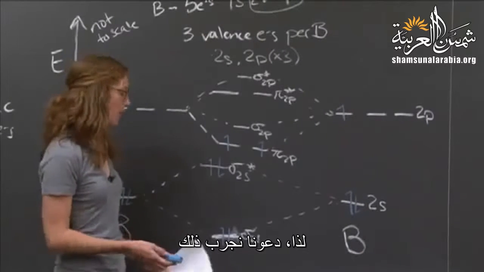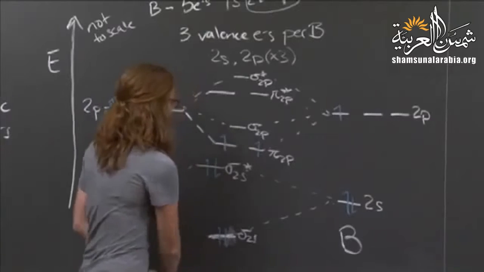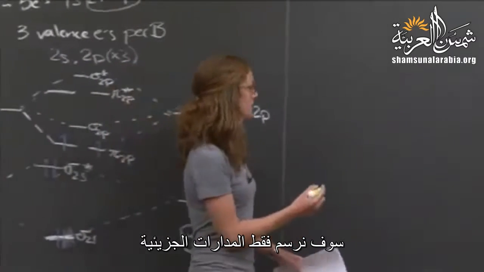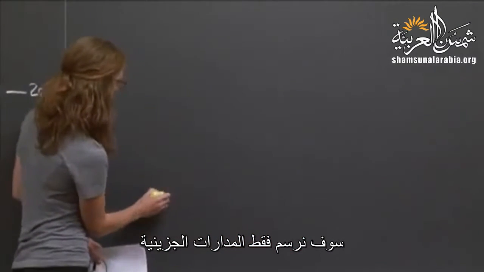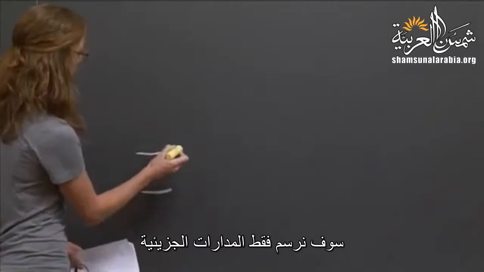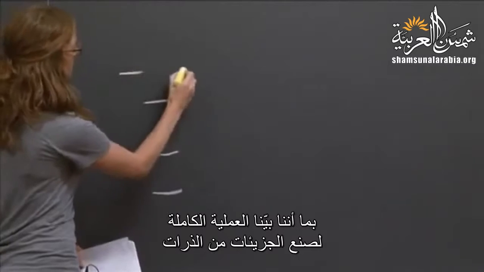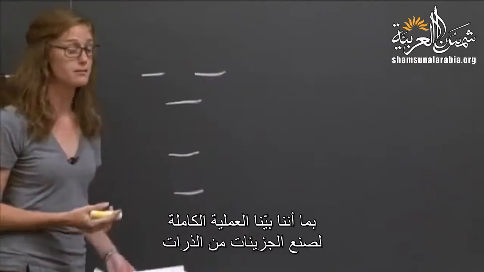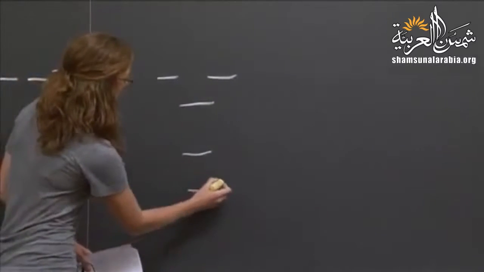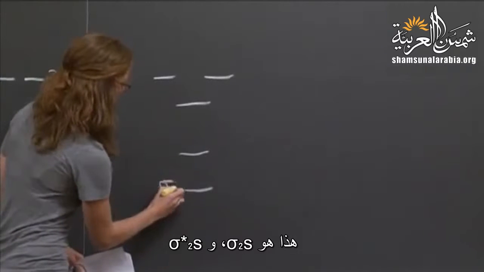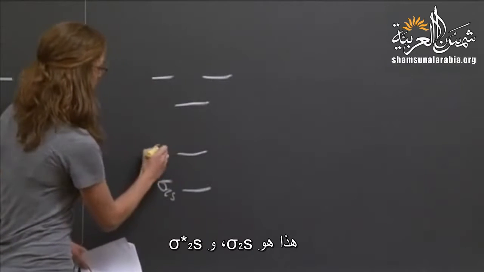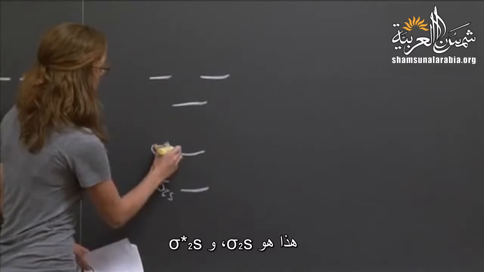So let's just try that out. I'm going to move over here, and we're going to draw just the molecular orbitals, since we already did the full process of making them from the atomic. So this is the sigma 2s, sigma star 2s.